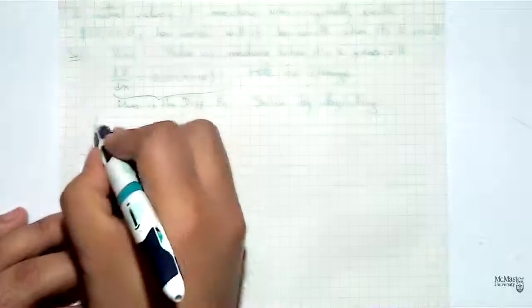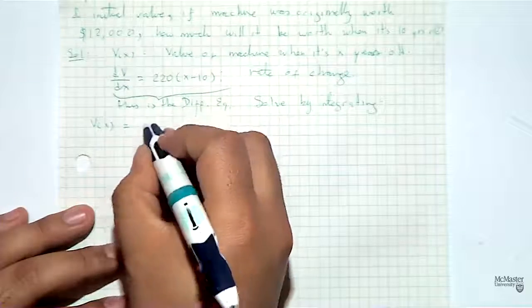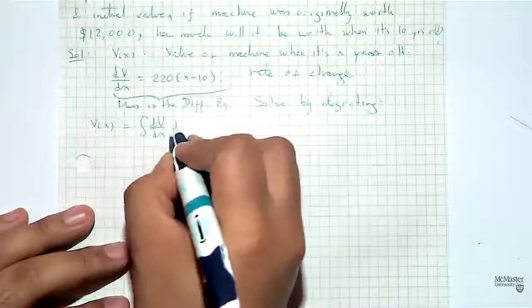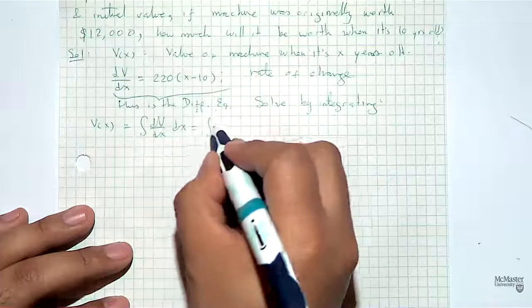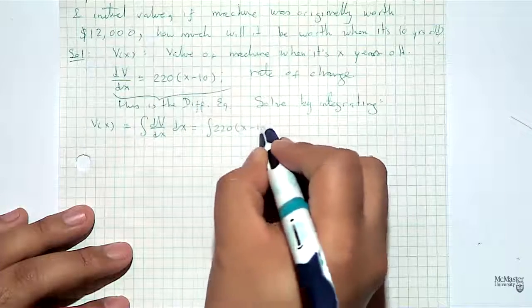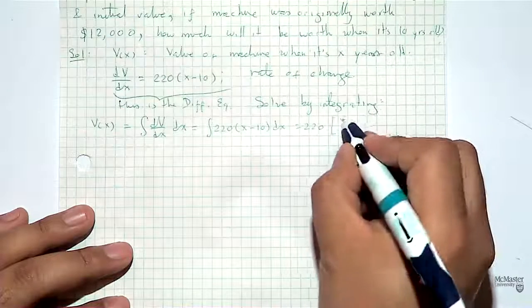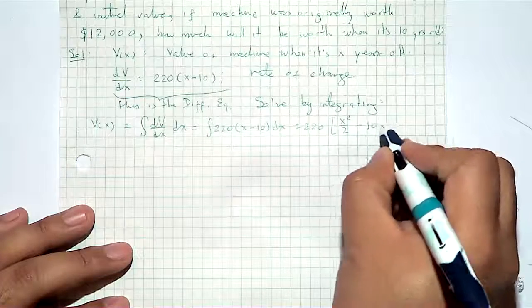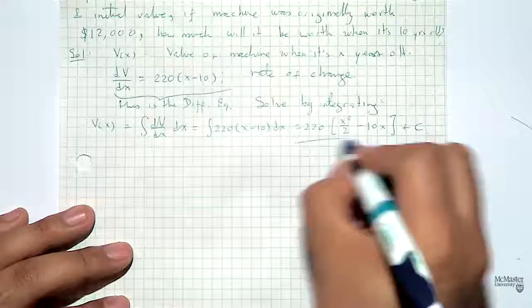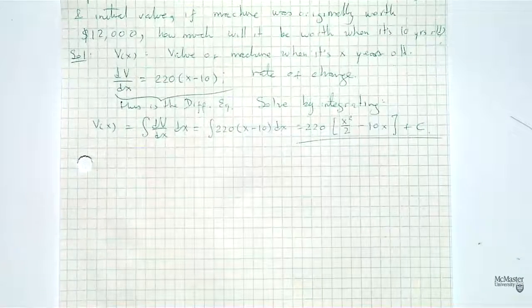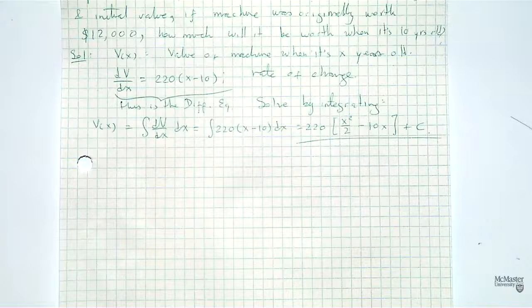So b of x is the integral of db over dx, which is the integral of 220 x minus 10 dx. So you take out the constant of integration, and then you have 220 x squared over 2 minus 10x plus the constant of integration, right? Same example that you did. I just took out the constant, and I have the constant of integration to be defined because this is an indefinite integral.